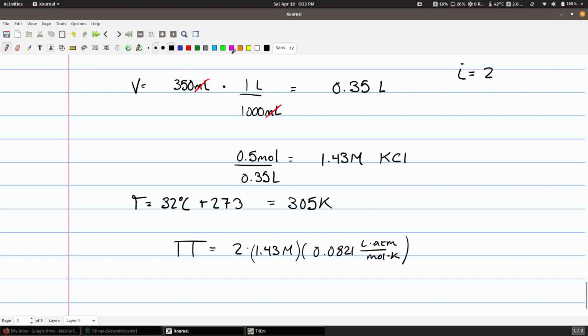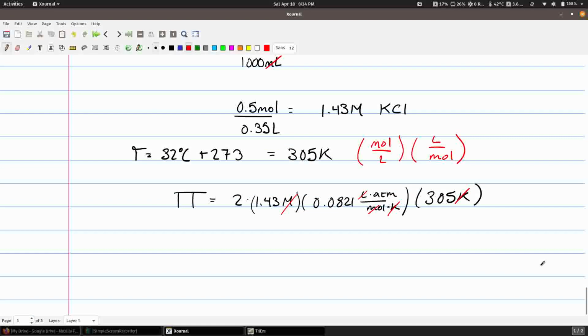So right now we can already cancel, because it's moles over liters, so that cancels. And then we have our temperature, which would be 305 kelvins. So that's going to cancel. And if you don't understand why that cancels, it's moles per liters, and then you're multiplying that by liters over moles. So that's why those two cancel right there.